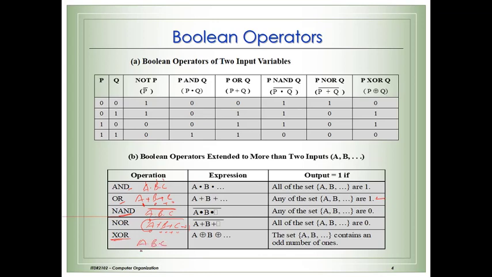Either one variable should have the value 1, or three variables should have the value 1. If there are more than 3 variables, whatever the number of variables, an odd number of variables should have the value 1, either 1, 3, 5, 7. Then only you will get the output 1.